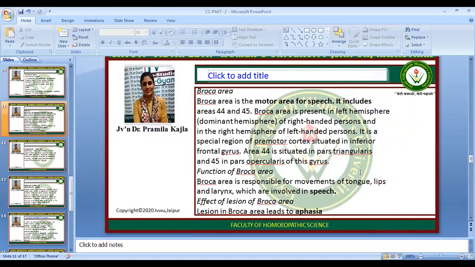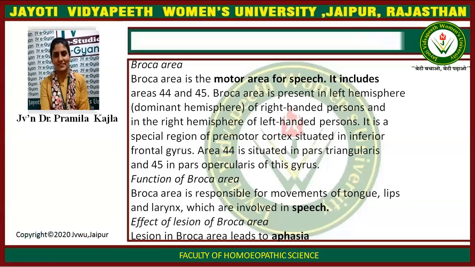It is special region of premotor cortex situated in inferior frontal gyrus. Area 44 is situated in pars triangularis and 45 in pars opercularis of this gyrus.